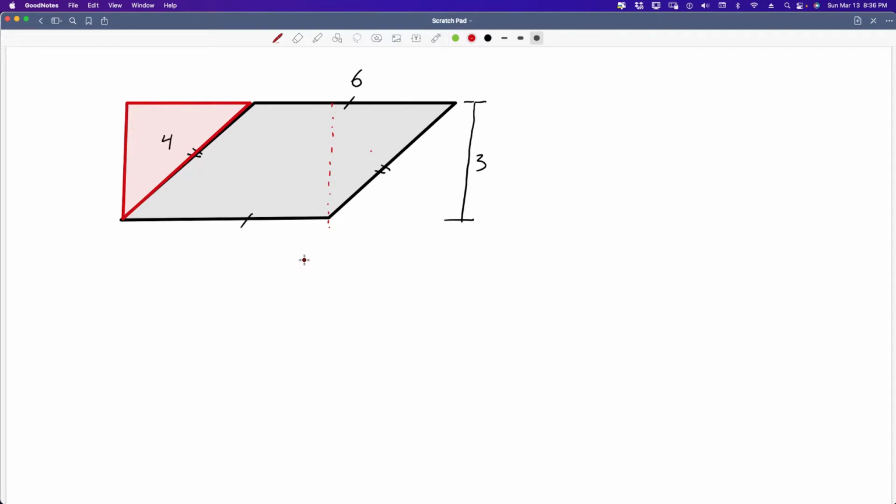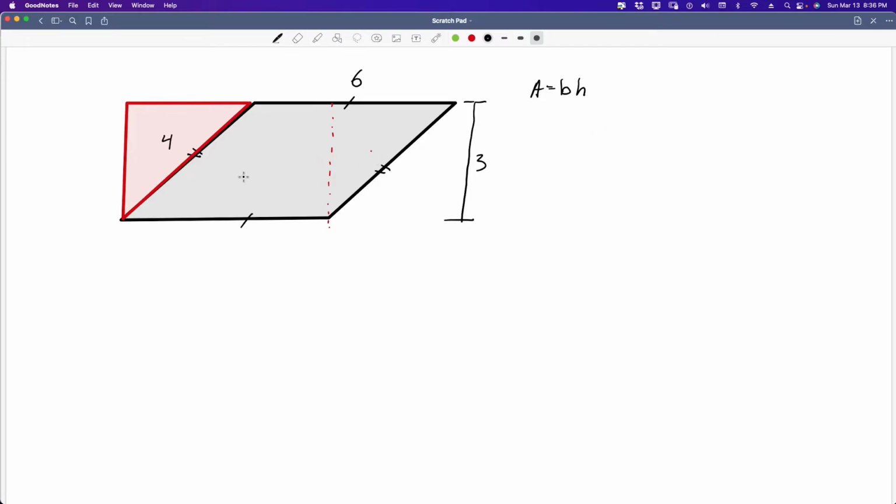How do we find the area of a rectangle? We take the base times the height, right? The height is 3. The base is 6. So we can take the same measurement for a parallelogram. We take the base times the height, and that's going to equal the area.